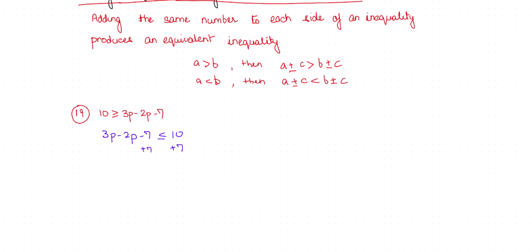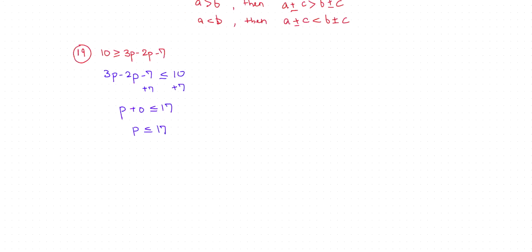So 3p minus 2p gives p, and this gives 0, and this is less than or equal to 17. So our answer is p is less than or equal to 17. Now if we have to graph, this will be a number line and this is 17.